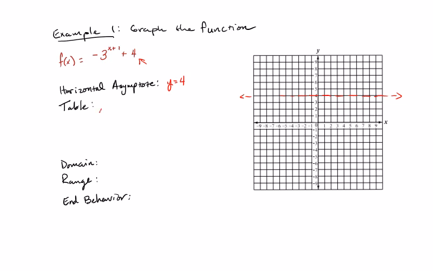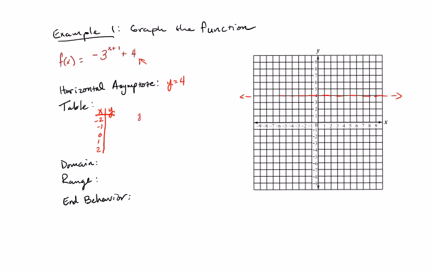Alright, I'm going to just make a table of points if that's alright with you. Probably the easiest thing to do. So let's just pick negative 2, negative 1, 0, 1, 2. Sometimes the numbers can get kind of big and I may not even plot them, but we'll see how it goes. So I'm just going to plug them in to find y values.